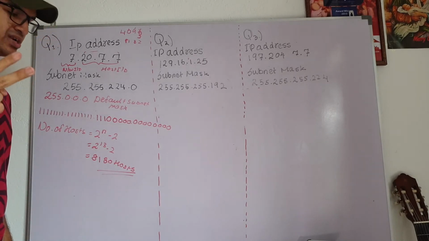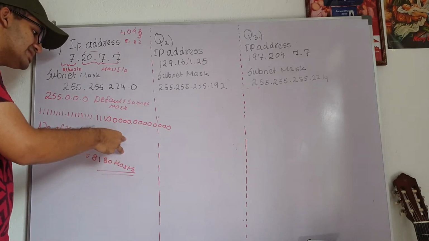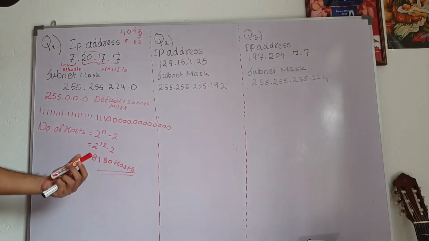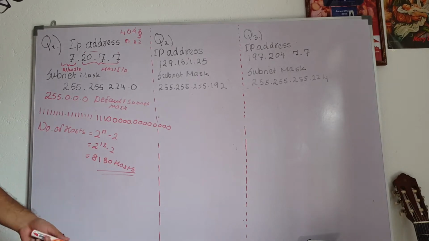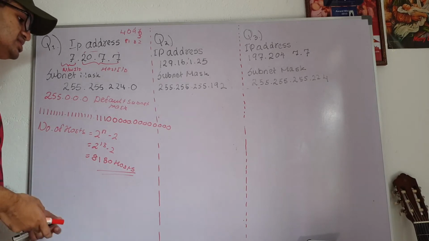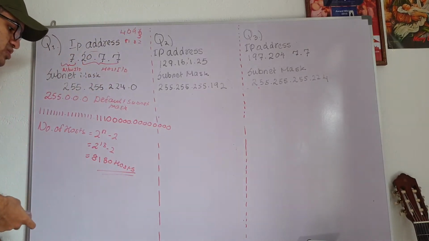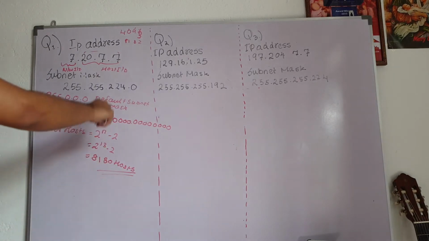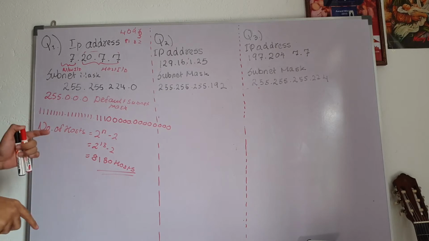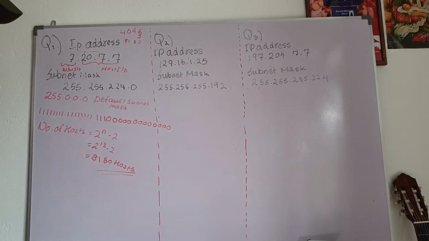Since they are reserved, we subtract those 2 to find how many IP addresses we can actually use in this network. The number of hosts is the 2 to the power 13 value minus 2.